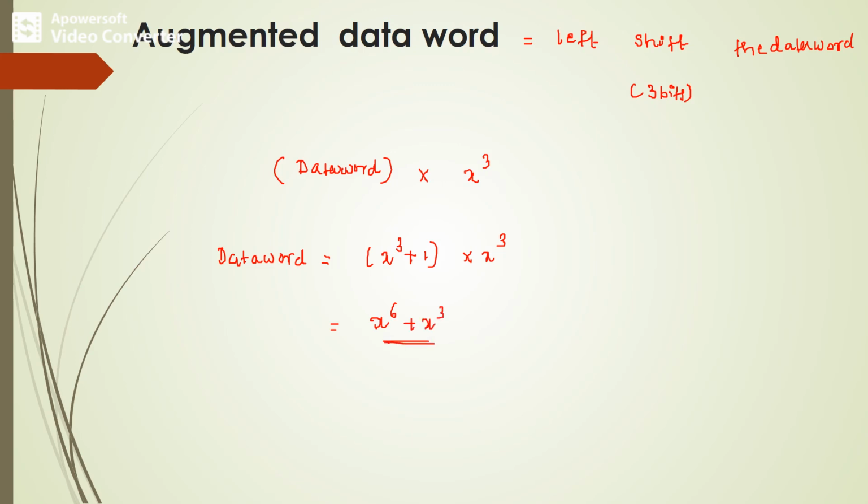This is the augmented data word. So we can compute the augmented data word by multiplying the given data word by x power 3, or else we can perform a shift left operation by 3 bits.